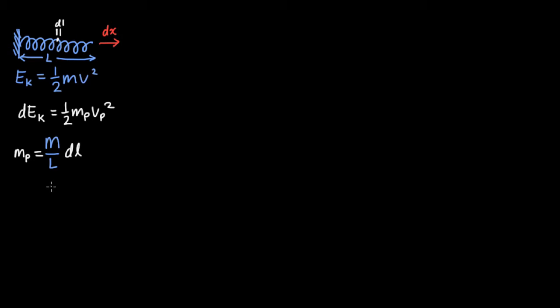The increase in distance dx is spread out across the entire length of the spring. This increase per unit length of the spring is dx over L. Let's say a point's distance from the fixed end is l.